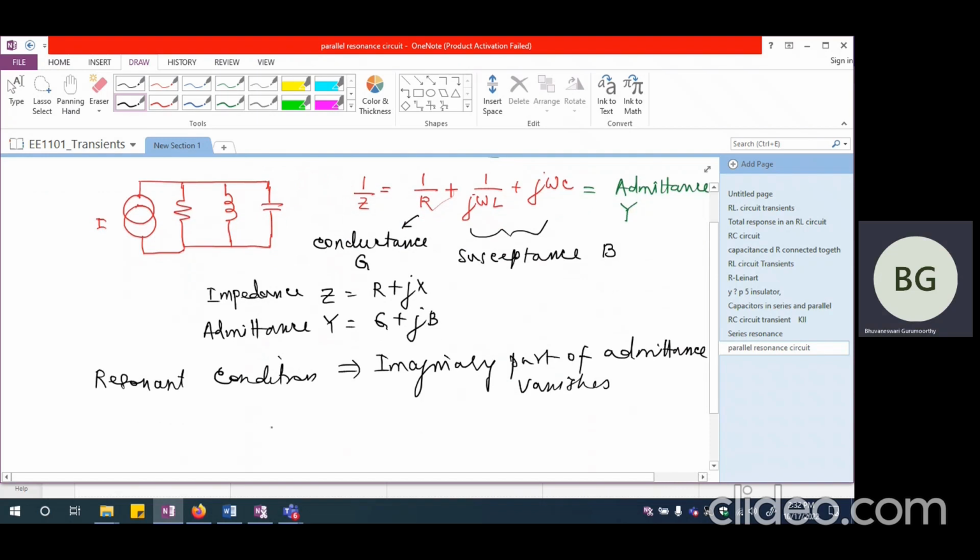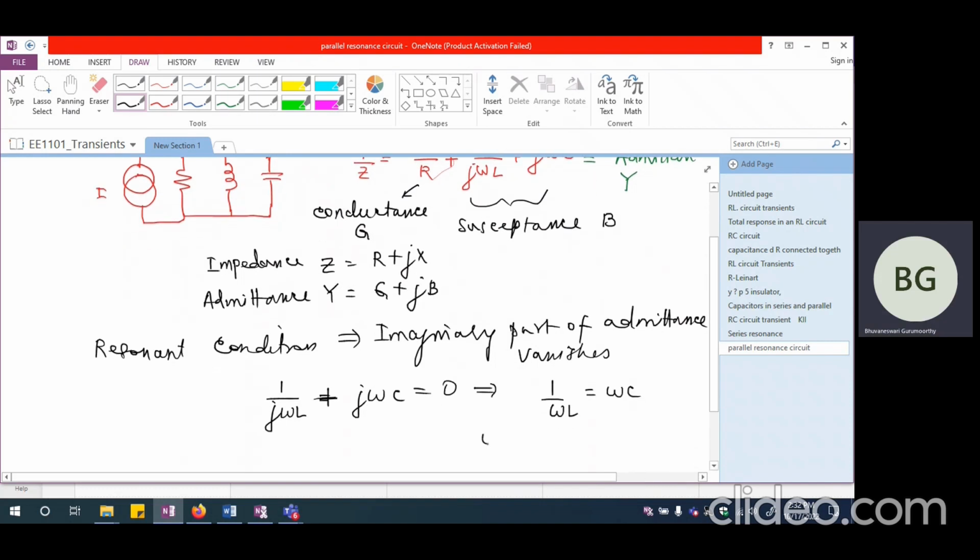So again, we have 1 by J omega L plus J omega C equal to 0. So we are going to have 1 by omega L equal to omega C, which means omega is going to be equal to 1 divided by root LC. So this happens to be our resonant frequency.